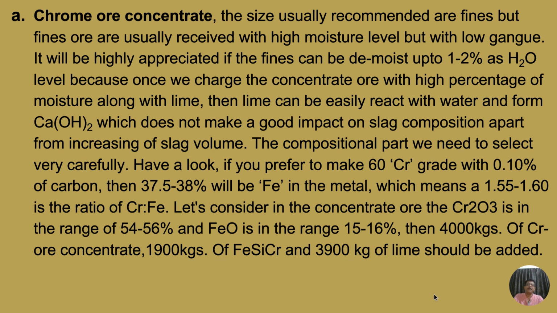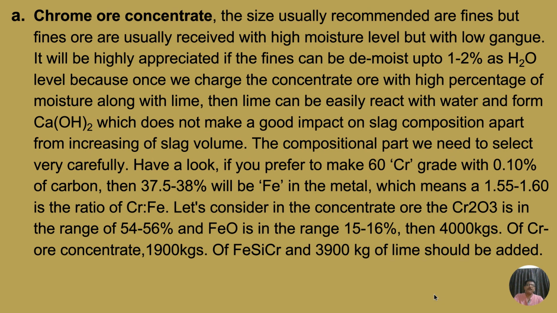It will be highly appreciated if the fines can be demoisturized to 1 to 2% H2O level, because once we charge the concentrate ore with a high percentage of moisture along with lime, then lime can easily react with water and form calcium hydroxide, which doesn't make a good impact on slag composition apart from increasing slag volume. The compositional part we need to select very carefully.